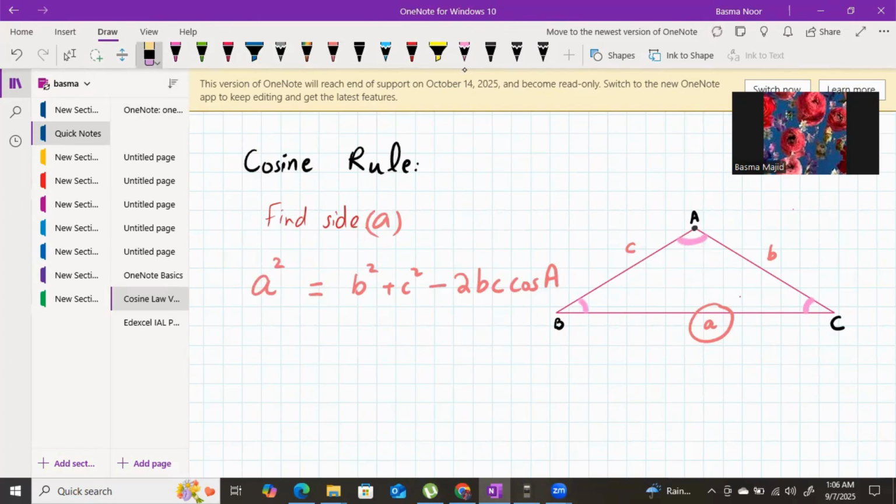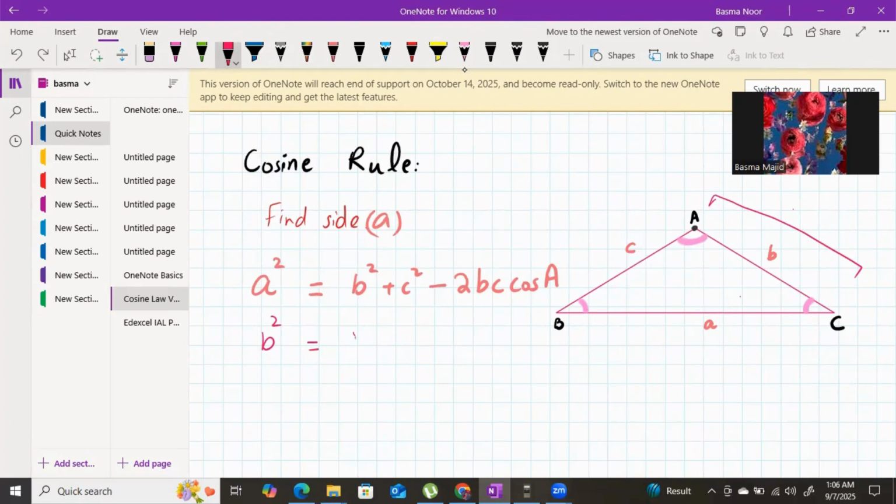Now we are going to apply the same rule to side b. You keep the square of b equal to the sum of the squares of the other two sides, which are a and c in this case.